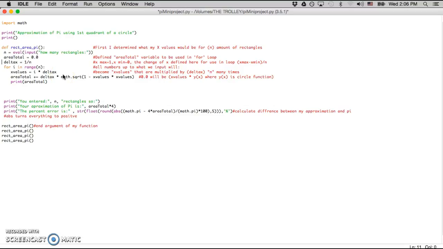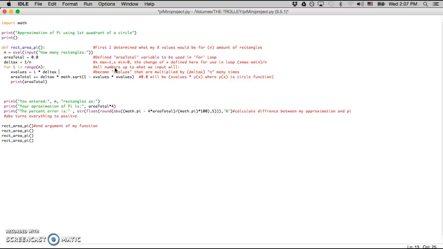The next thing I had to do was set up my loop. So all the numbers up to what we input will then become x values that get multiplied by delta x n many times.